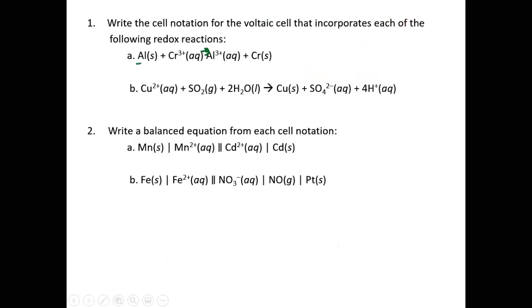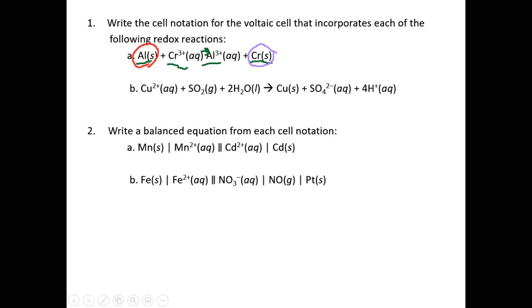You'll notice here that aluminum is oxidized because its charge becomes more positive, and chromium is reduced because its charge becomes more negative. So the anode, I'll circle in red, is aluminum. So aluminum is the anode. The cathode is chromium. So these two should appear at the ends of the shorthand notation.